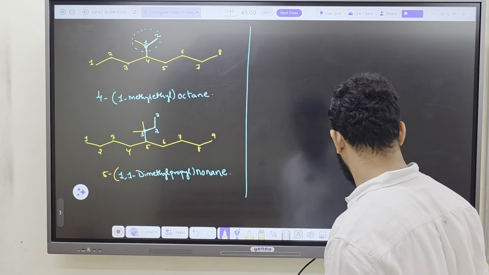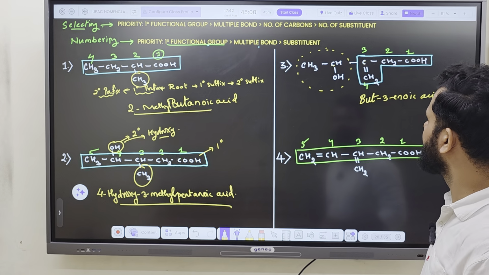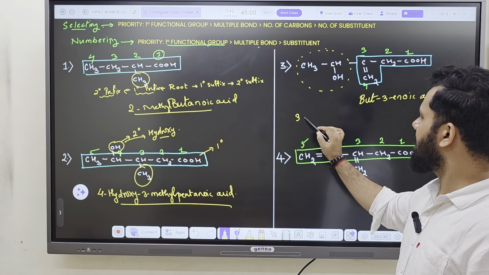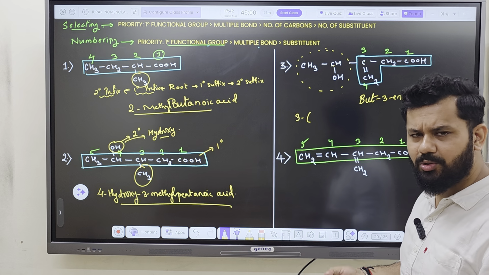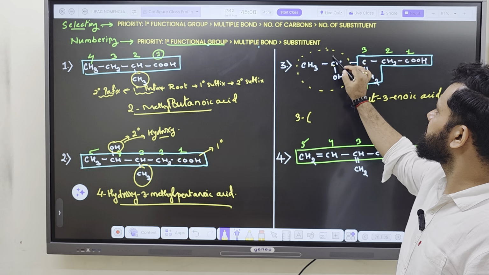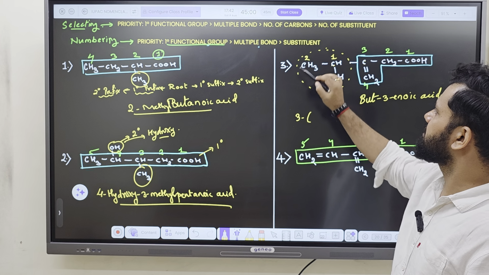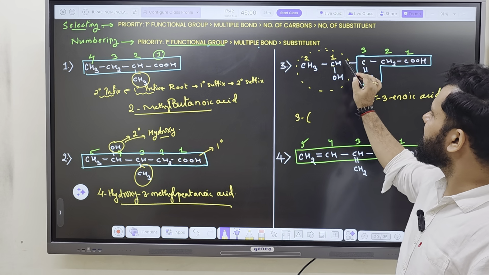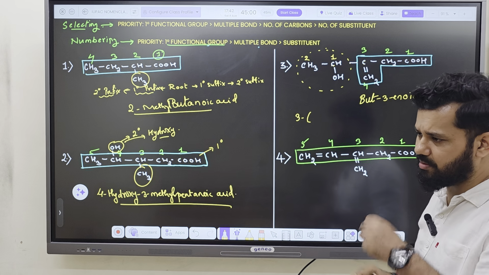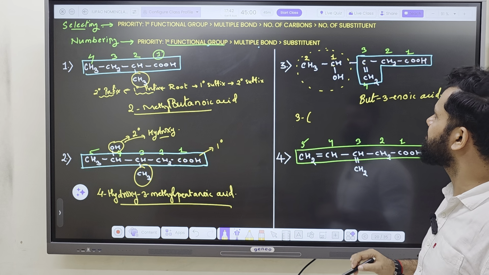Now coming back to this one. At the third position I have a complex substituent. How to name it? It's quite simple. The carbon connected to the PCC gets number 1, the other gets 2. So the substituent is ethyl, but there is one substituent inside it.